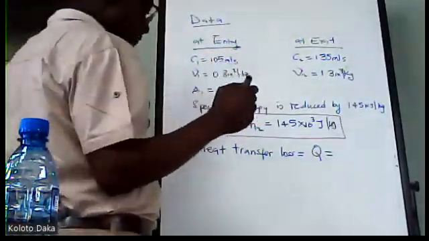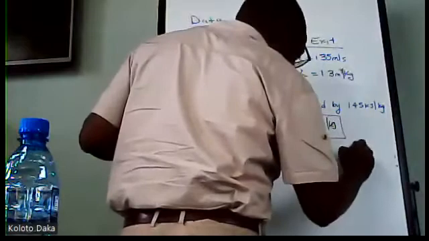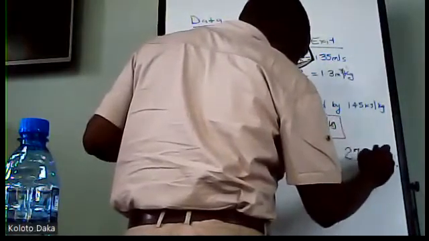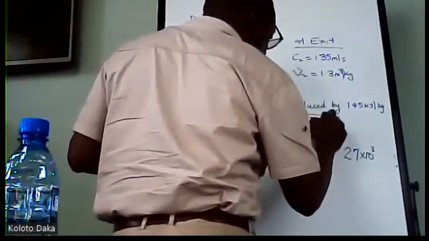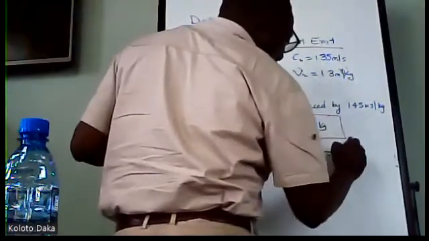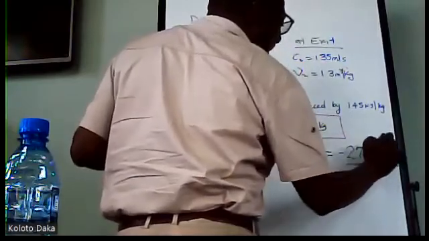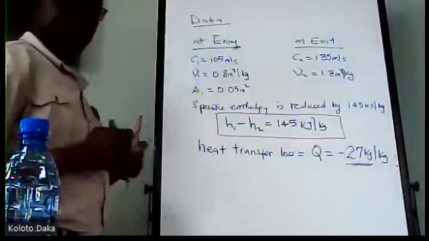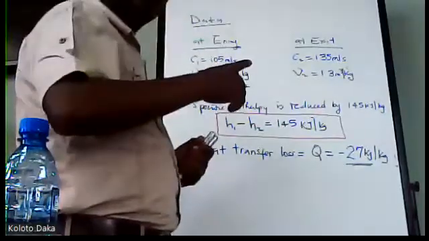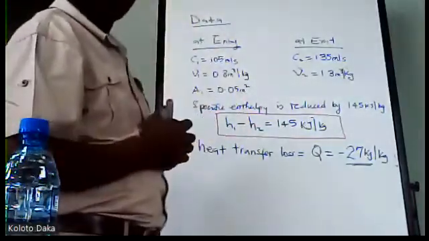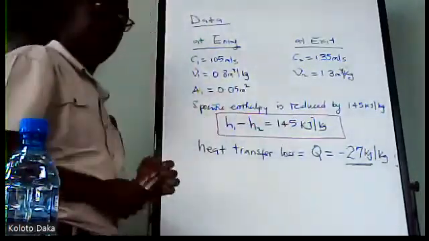So what is the value? 27 kilojoules per kg. Okay, let's just deal with the kilos. Even here, it will be negative 27. Why negative? Because it is a loss. Heat has been lost to the surrounding. Whenever heat is lost from the system to the surrounding, it's negative. But when heat is given to the system, it's what? Positive.